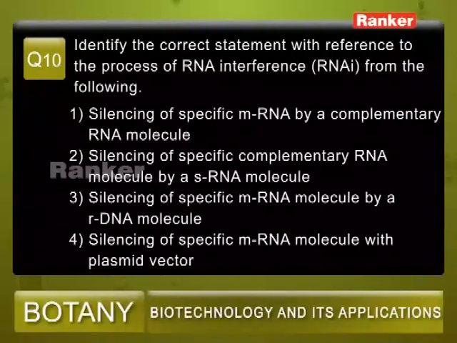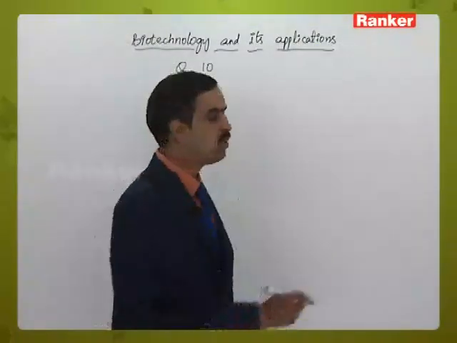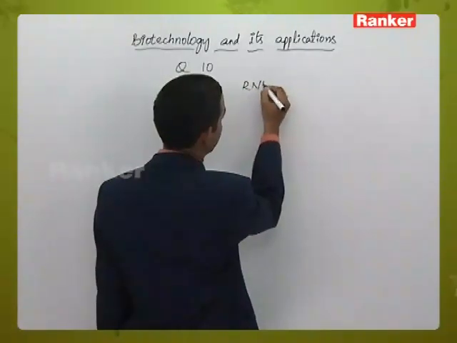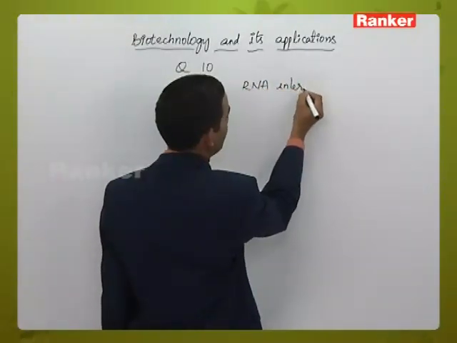Silencing of specific complementary RNA molecule by an sRNA molecule. 3. Silencing of specific mRNA molecule by an rDNA molecule. 4. Silencing of specific mRNA molecule with a plasmid vector. Okay, here the question is related to RNA interference, that is RNAi.